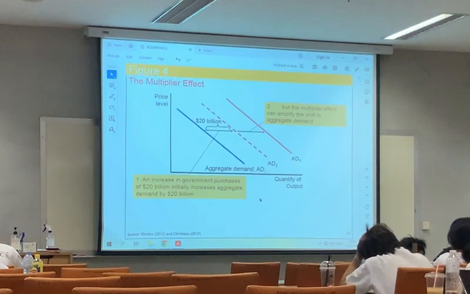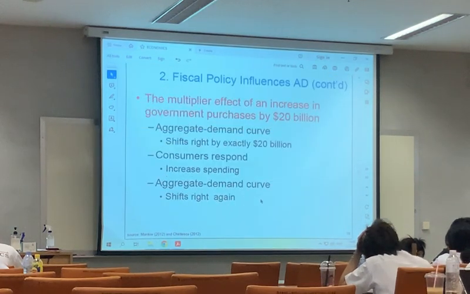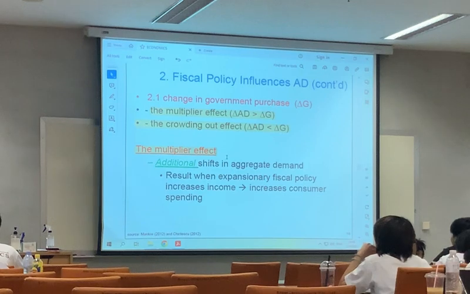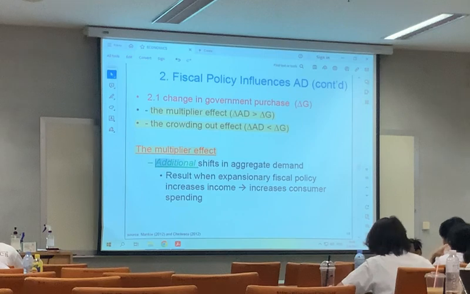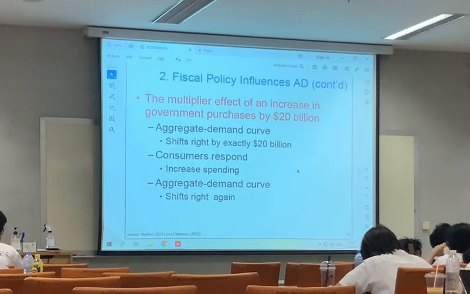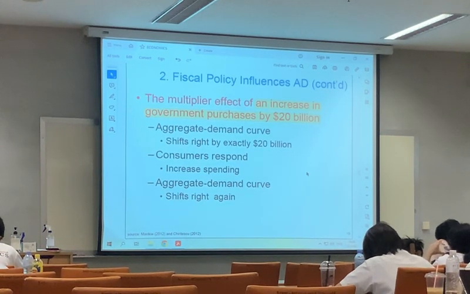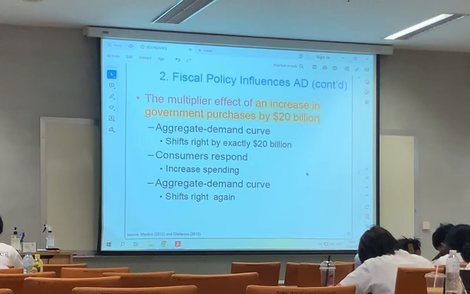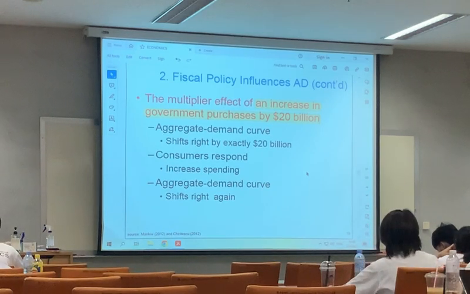Multiplier effects can be explained through some graph. Multiplier effects explain the additional shift in AD, and the result is that it makes AD change by more than the change in G or T. So let's see what happened. Suppose, I just assume that the government uses a budget deficit by increasing their spending by about 20 billion.